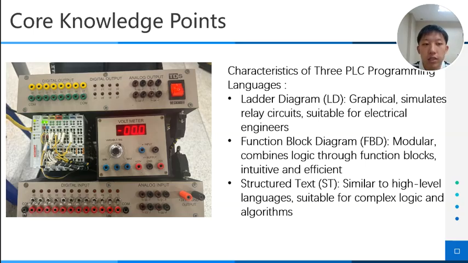Its grammar is similar to high-level programming languages. It has a strong logical expression ability and is suitable for writing complex control logic and other terms. Next, I will use these three languages to realize the piston control logic respectively.